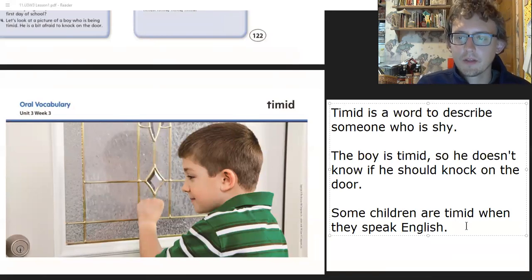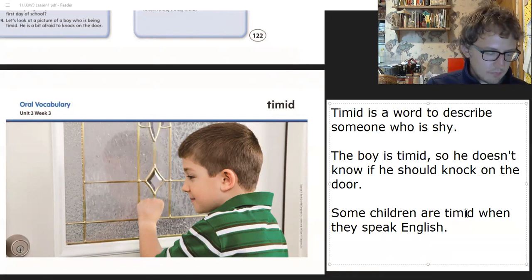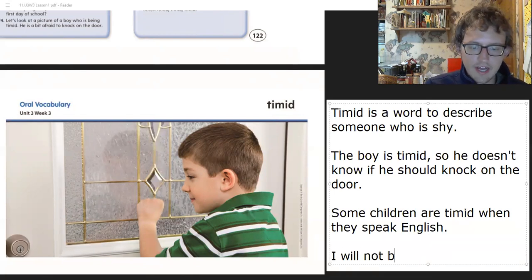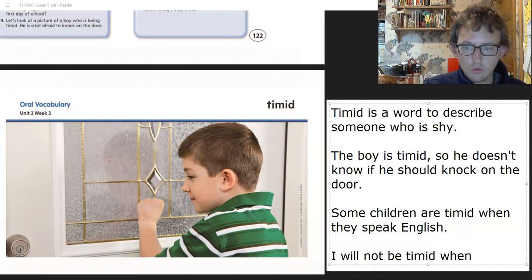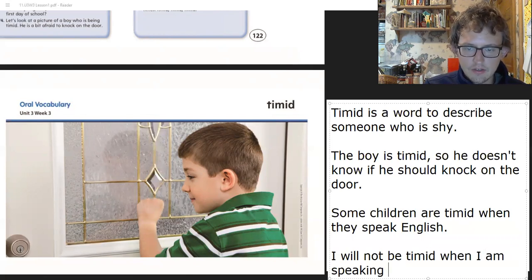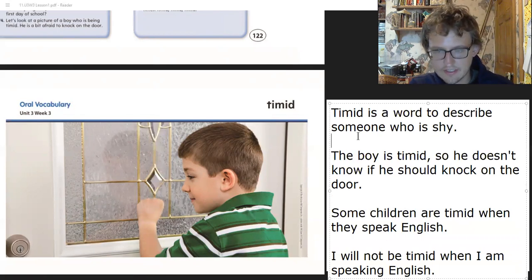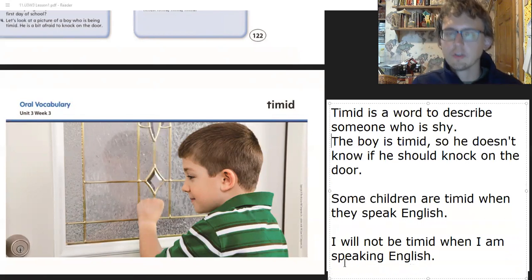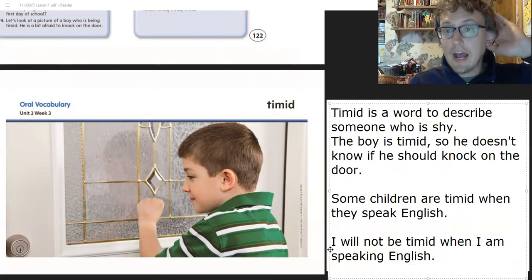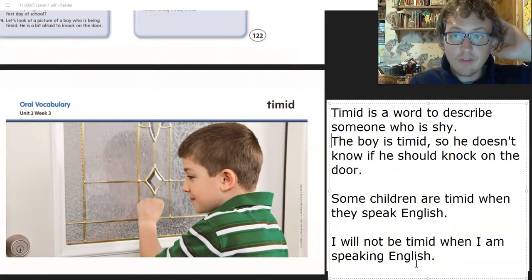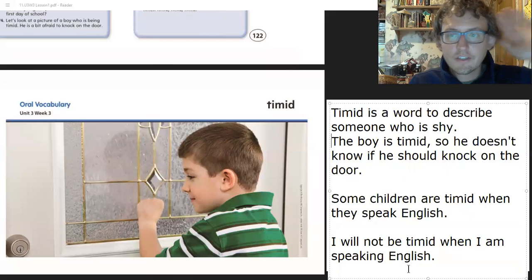So we can say together, I will not be timid when I am speaking English. Okay? So let's say this together now. Ready? I'm listening. I will not be timid when I am speaking English. Okay? Good.